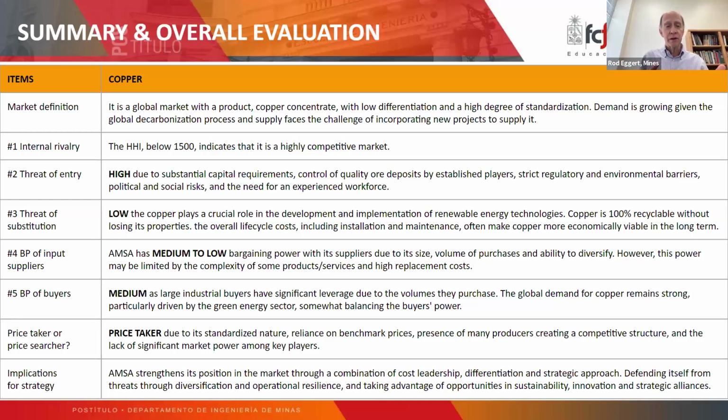So in terms of this logic, this framework of analysis, from the perspective of a concentrate producer, a smelter is either an input supplier, number 4, or a buyer, number 5, depending on the nature of the contract between the two organizations.